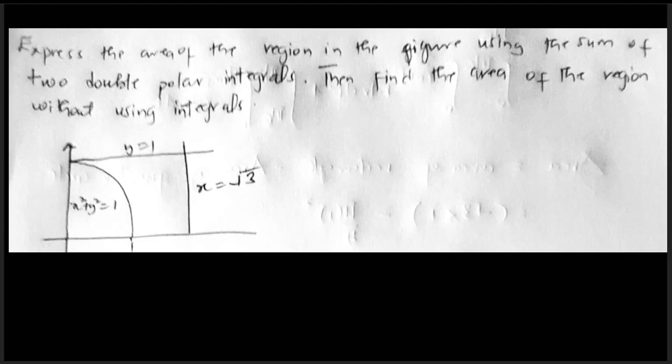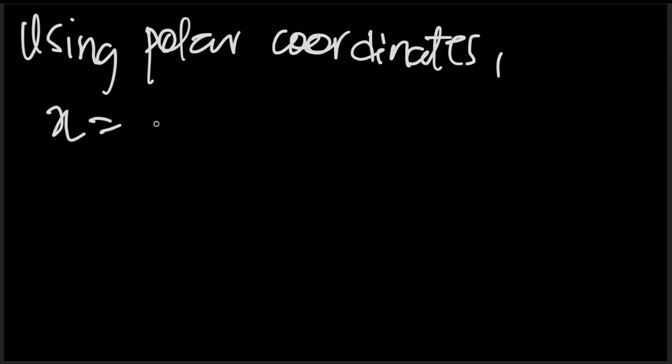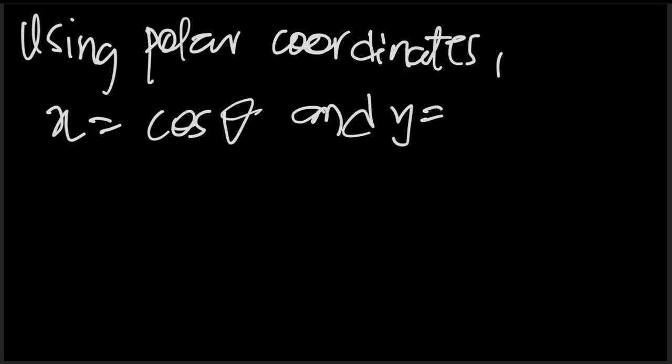To tackle this kind of question, we have to use polar coordinates. Using polar coordinates, we know that x will be equal to r cos theta and y will be equal to r sin theta.